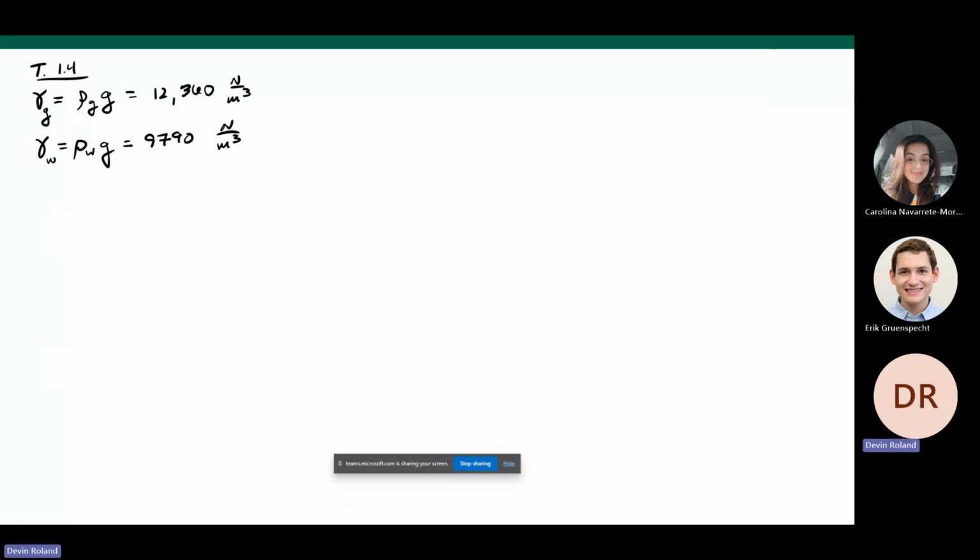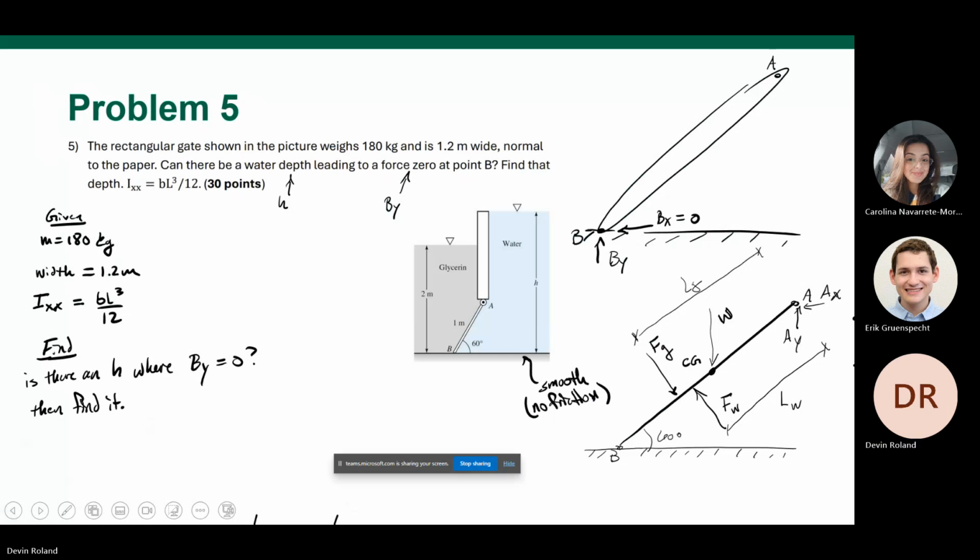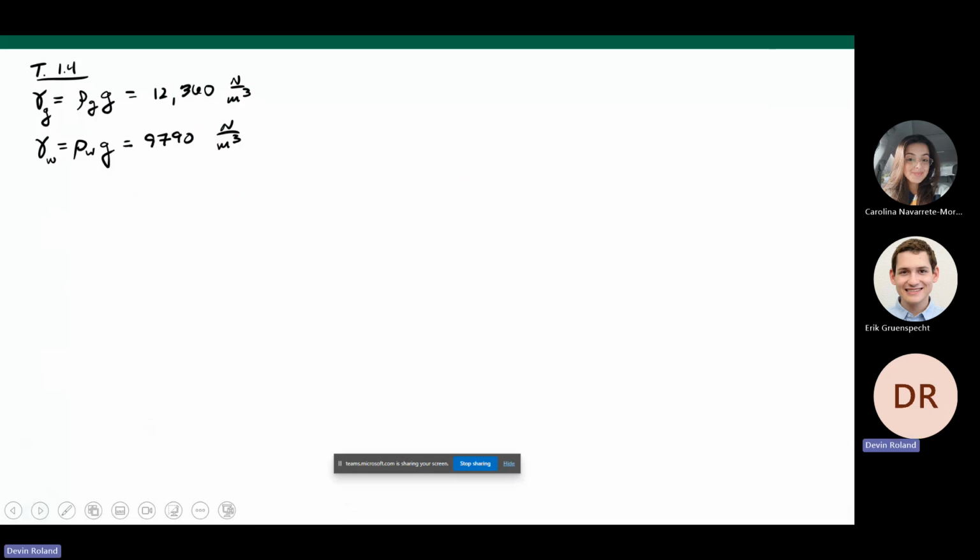And then we need to know the height of the center of gravity from the top of this gate. So if we went back to our picture here, we are looking for what's this height, HCG.